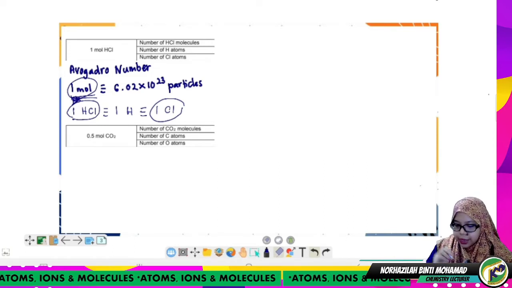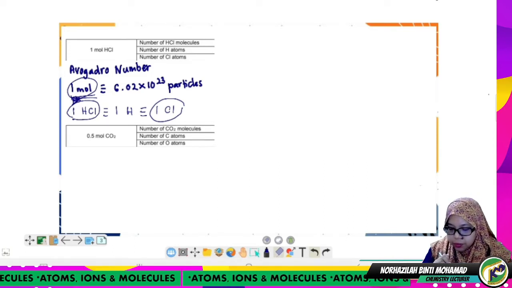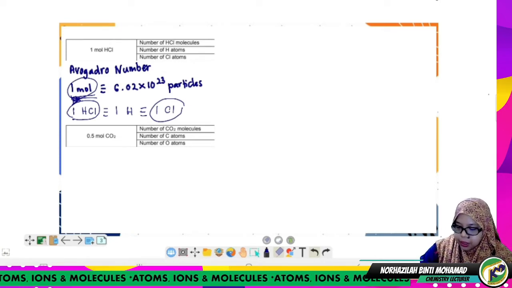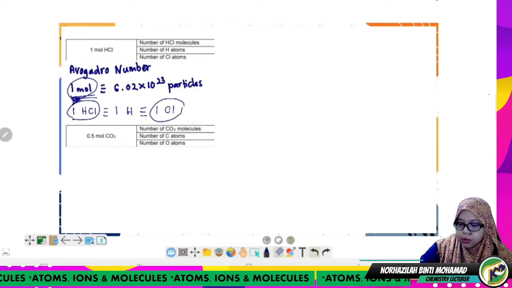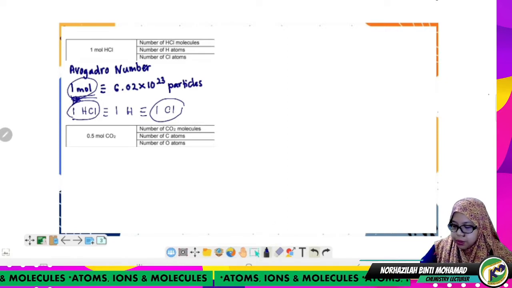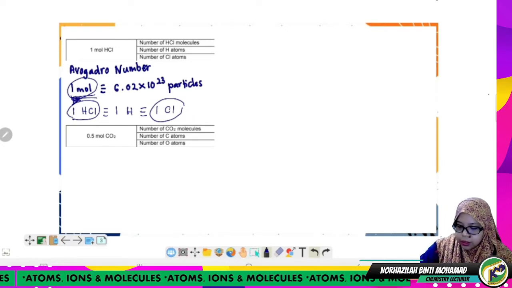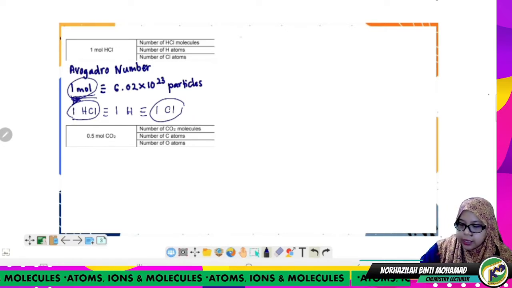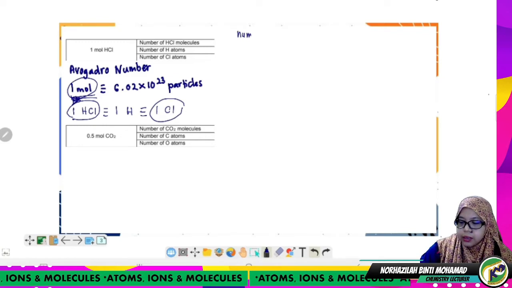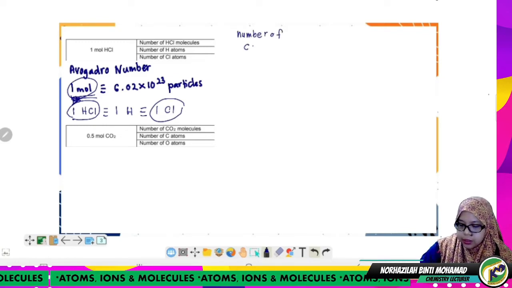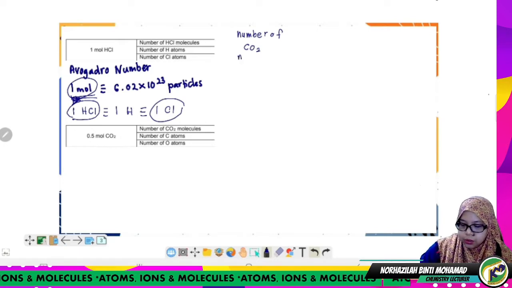Right now we have 0.5 mole CO2. So how do we calculate the number of CO2 molecules? Same as what we did for HCl earlier. So the number of CO2 molecules.